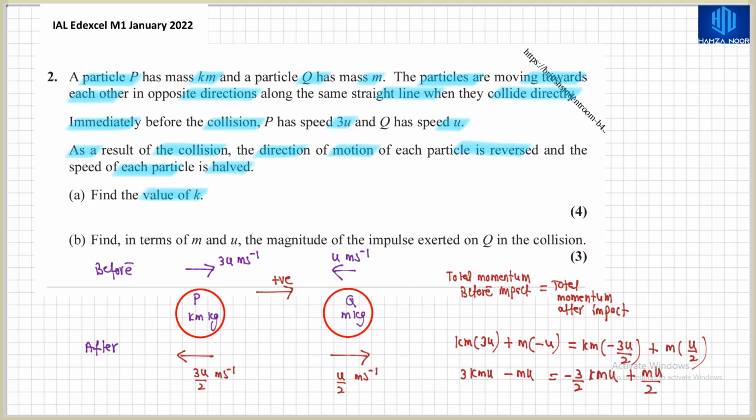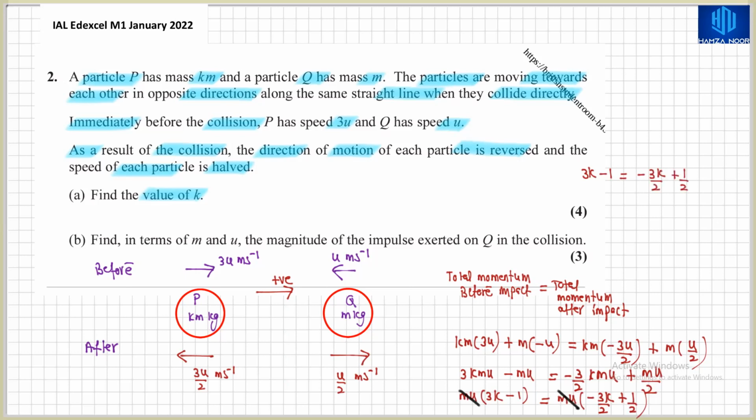We can take mu as common on both sides of the equation. Taking mu as common, mu multiplied by 3k minus 1 is equal to mu multiplied by minus 3k over 2 plus half. So mu and mu cancel out. Therefore 3k minus 1 is equal to minus 3k over 2 plus half.